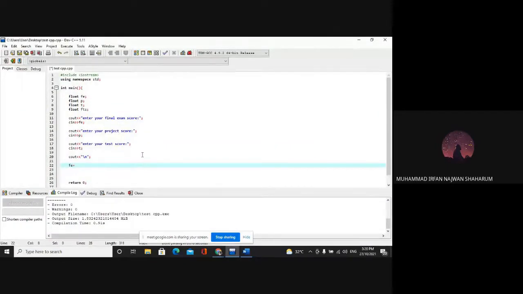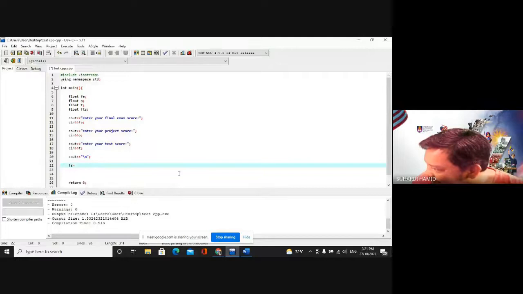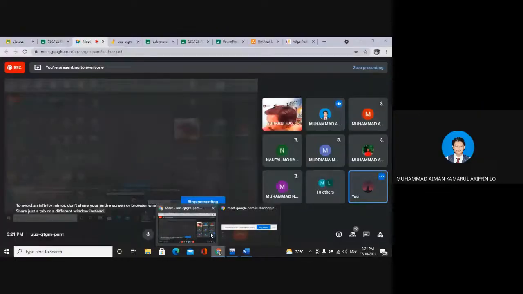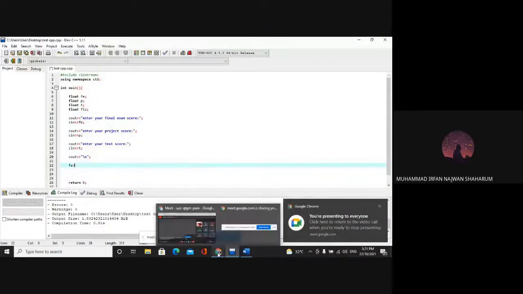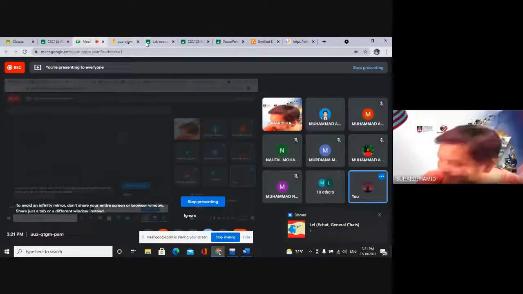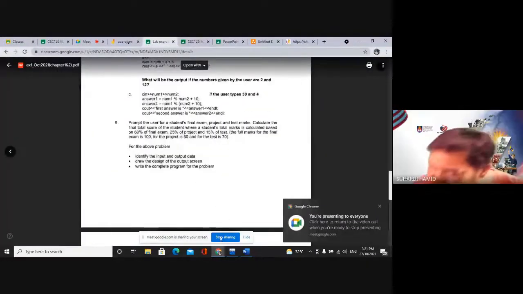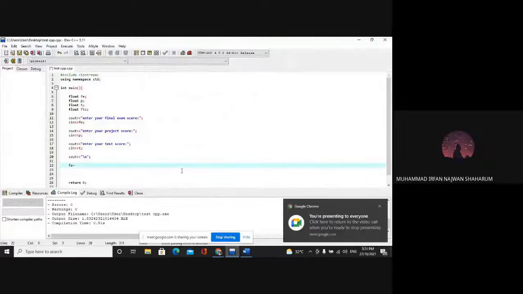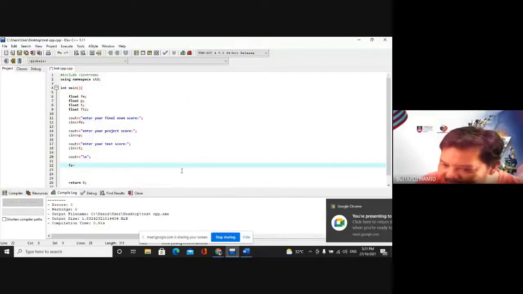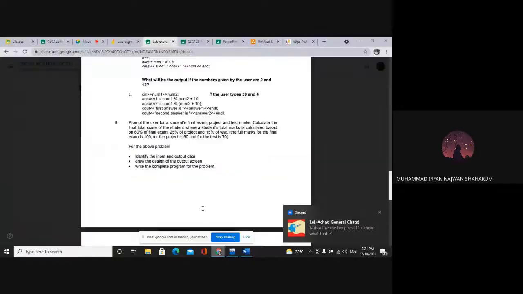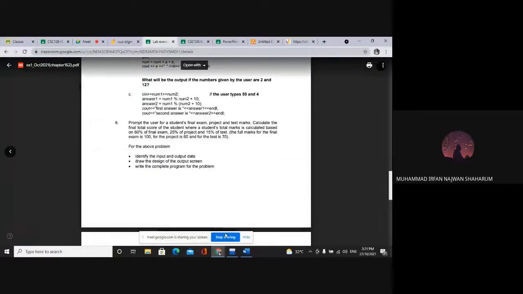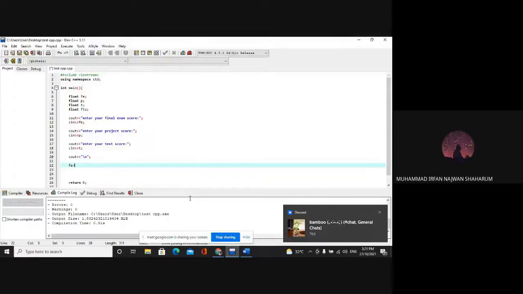Still not done it yet. So, in your opinion, how would you convert that into a formula in C++? I feel like this maybe. Wait.